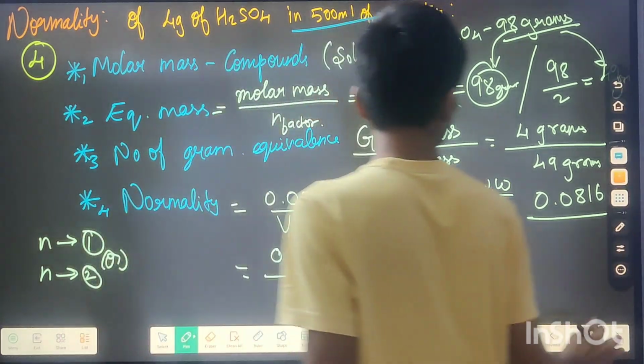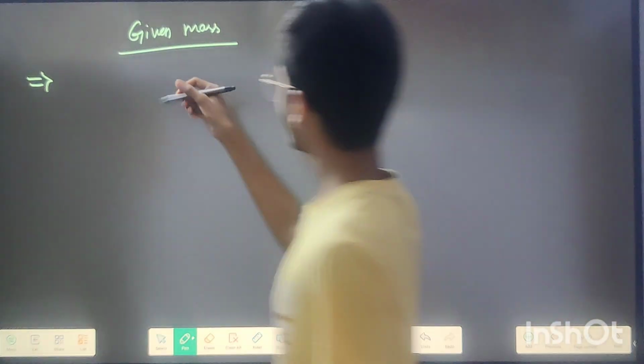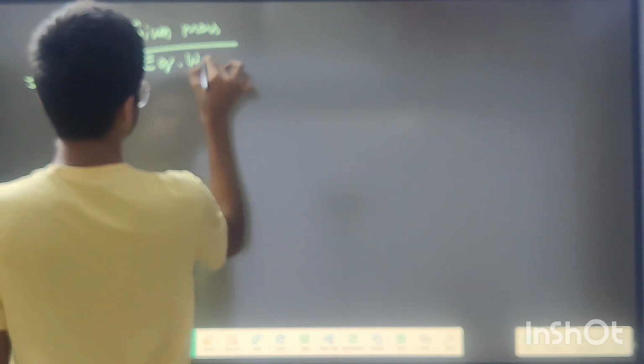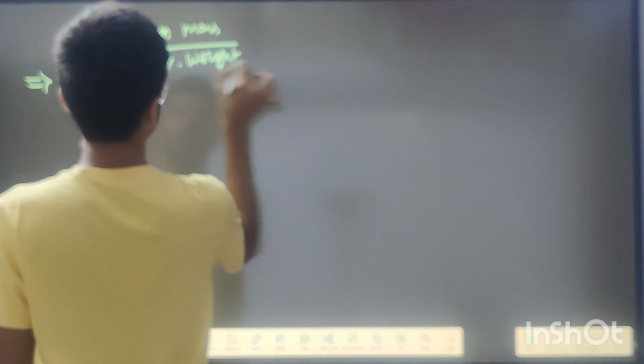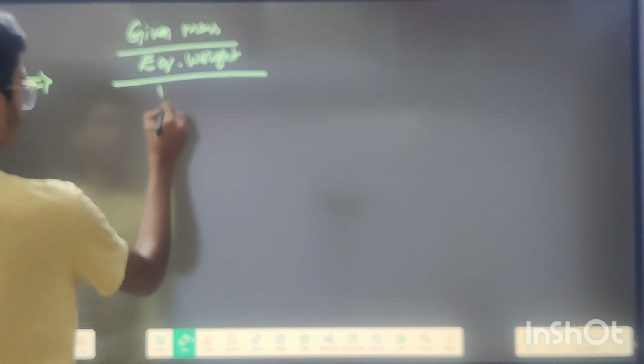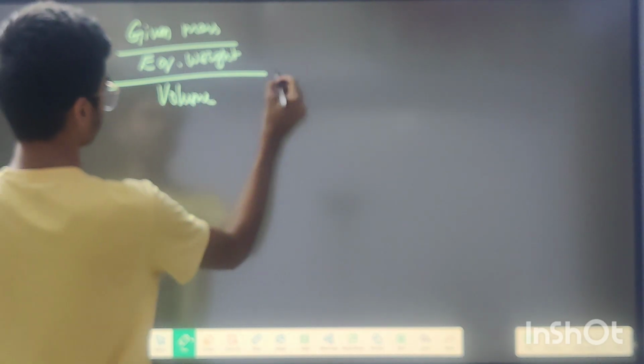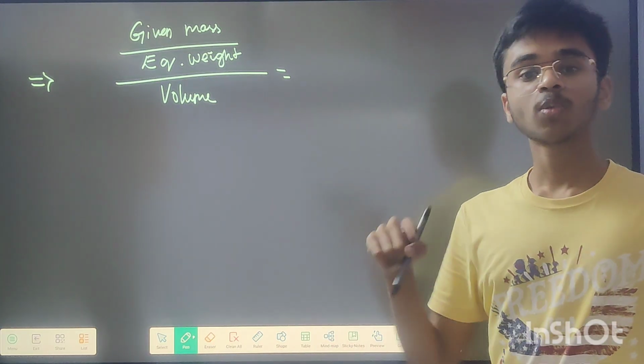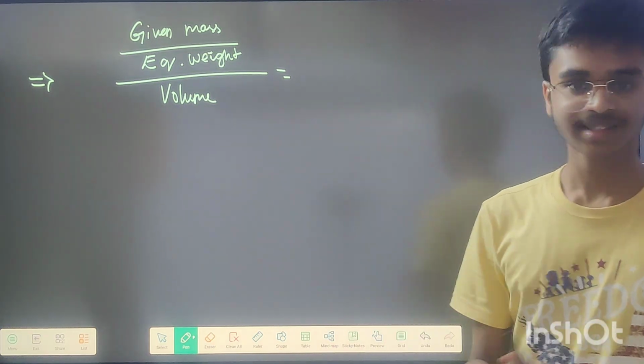So for this one, given mass by equivalence weight, whole divided by volume. And for equivalence weight, it is going to be molar mass divided by n factor, correct?